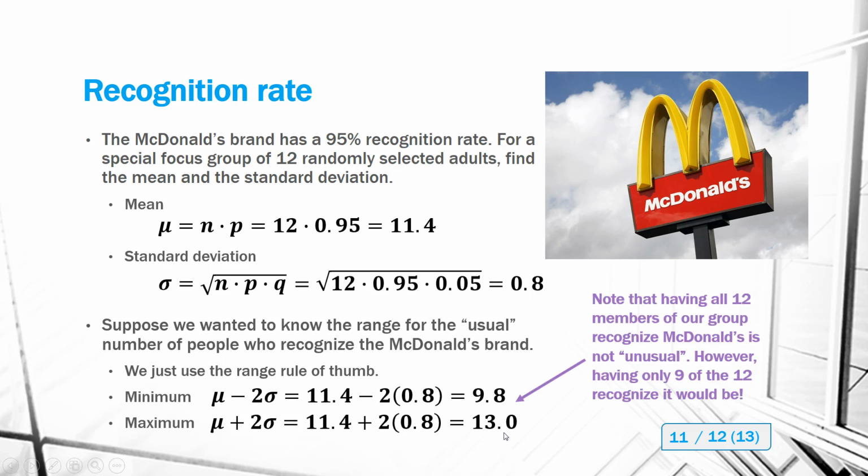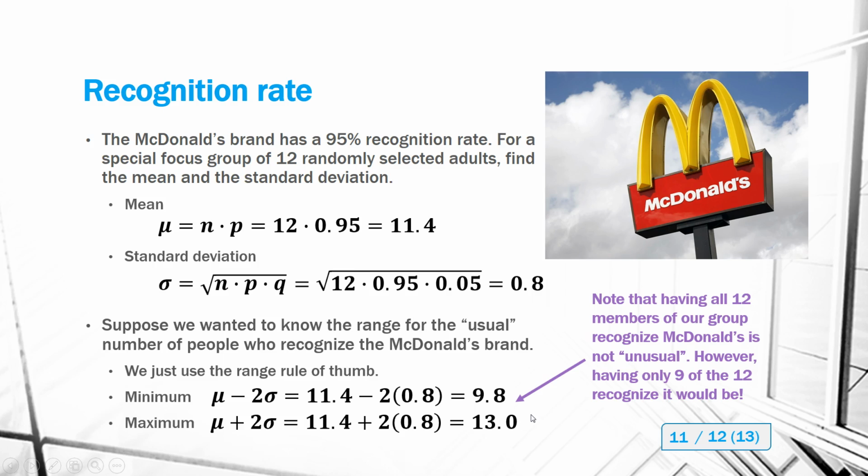Note that it's not unusual to have all 12 of those randomly selected adults inside our range of usual values. And we would expect it to be there because it's a 95% recognition rate that we're dealing with. So we would expect 12, which is the total number of adults we're selecting, to be in that range of usual values.